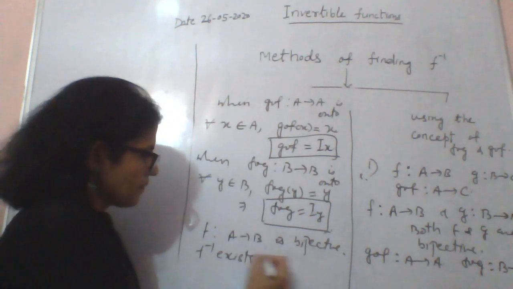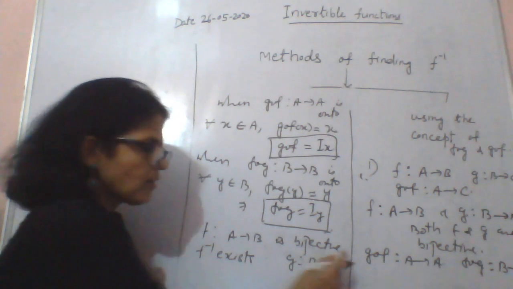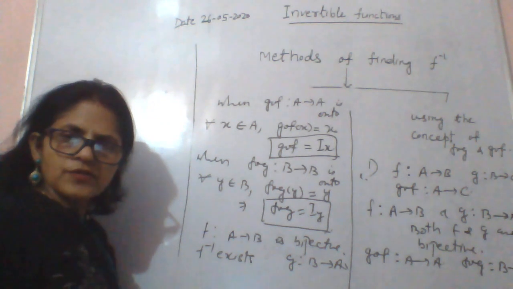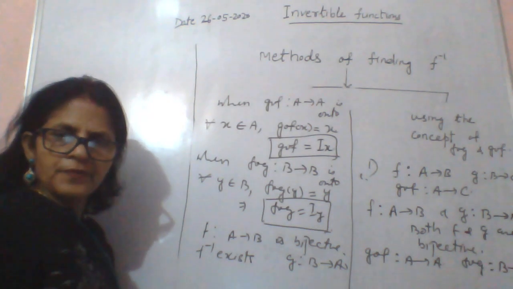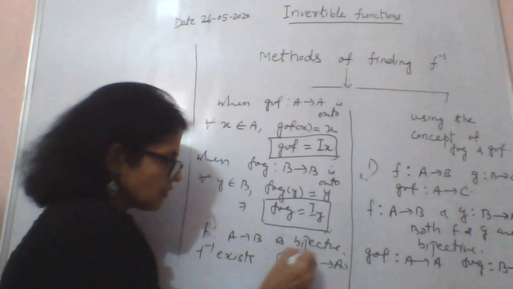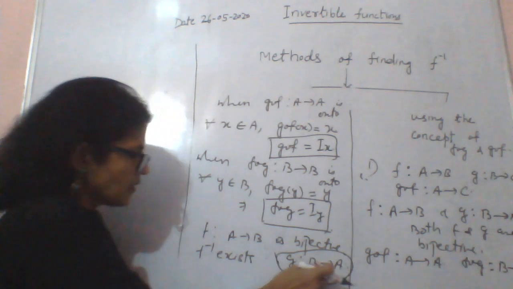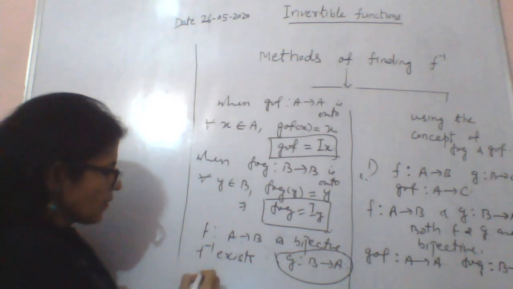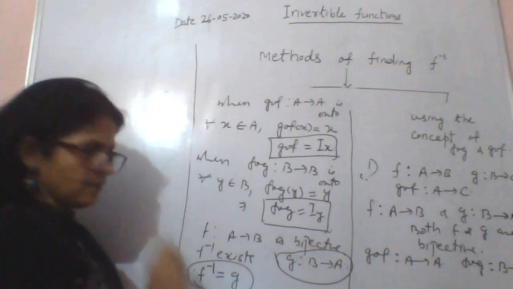And you are having g is a function from B to A. So as you have studied, whenever f is a function from A to B is bijective, it is invertible, and inverse, f inverse is a function from B to A. So it means here g is a function from B to A and it is also bijective. So basically we can say f inverse equal to g.